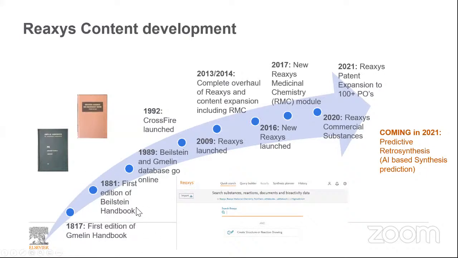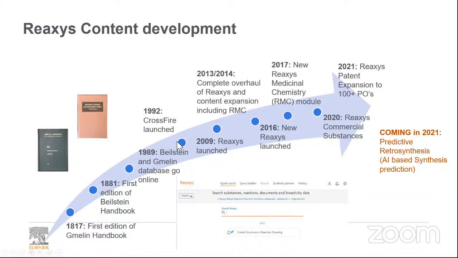Then we added information from the Beilstein handbook, a very famous information database. And there was also a big addition of information from Beilstein at the end of the last century.